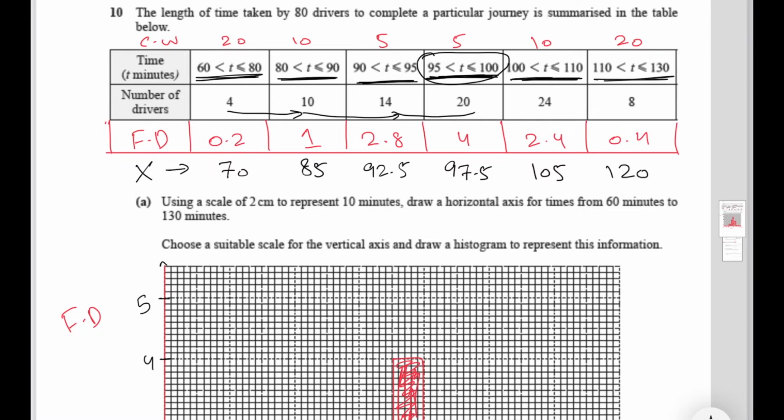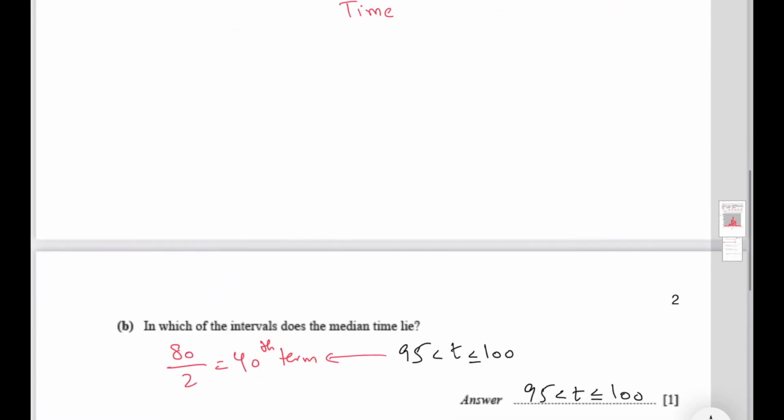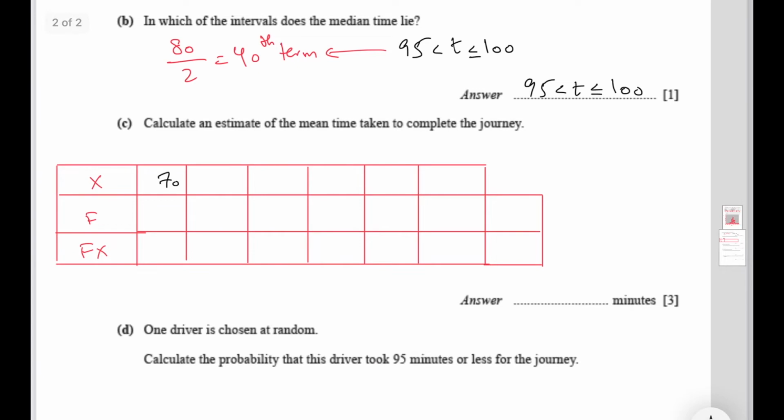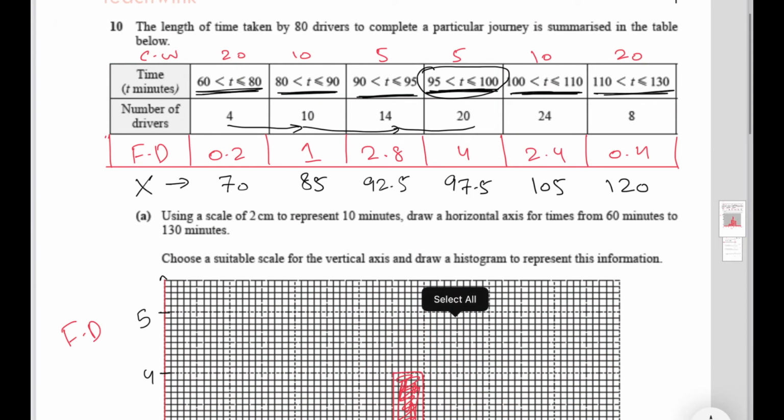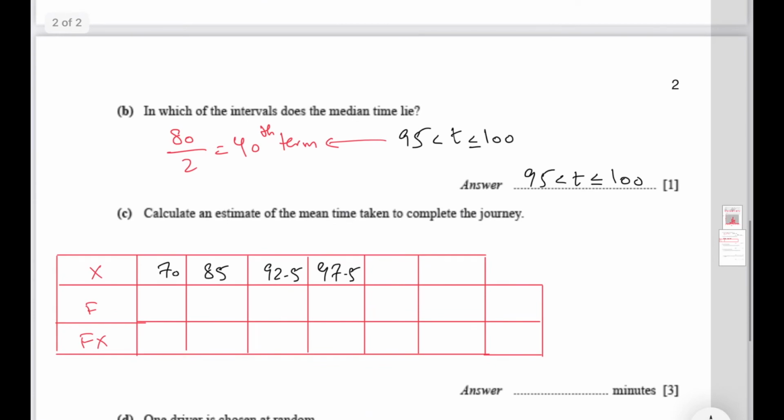Okay, so let's put these values in the table that we have on the second page. So 70, then 85, then I think it was 92.5, then 97.5. Okay, the next values were 105 and 120.